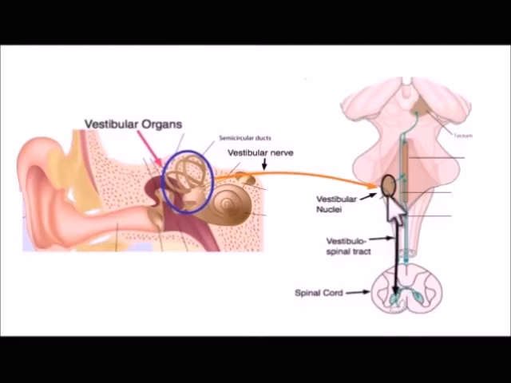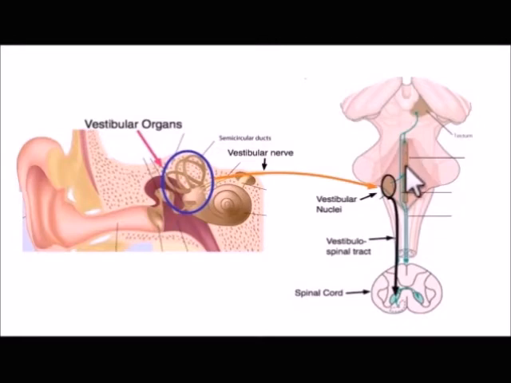You will also see that the vestibular nuclei give a connection to the medial longitudinal fasciculus. This area here is the medial longitudinal fasciculus, and it is in the midline of the brain stem.